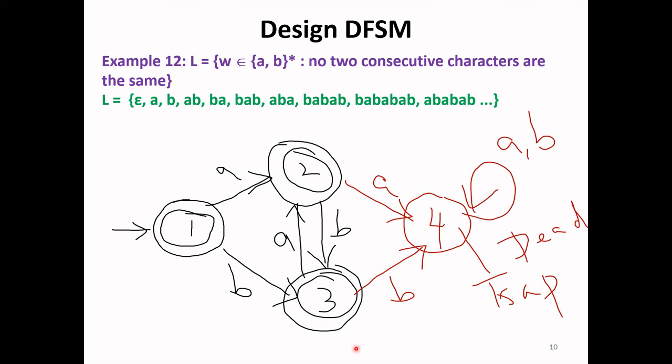So this is the DFSM design for the language containing strings of A's and B's with no two consecutive characters same.